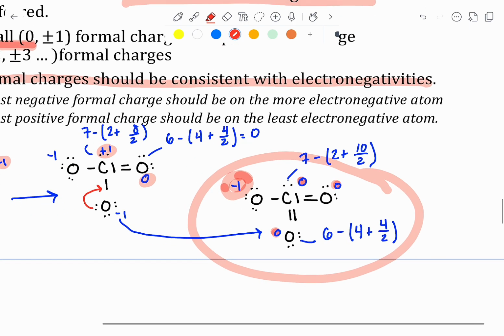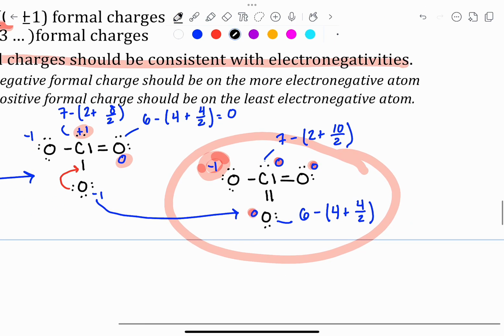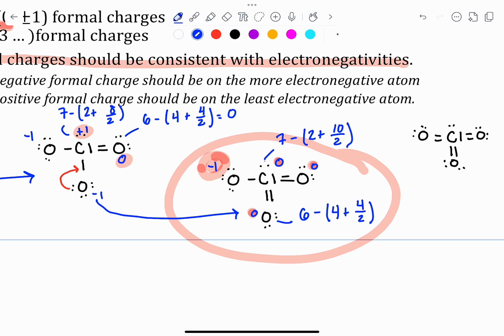You could go one step further to prove this to yourself and draw your structure of Cl double bond O, double bond O, double bond O. If you went that one step further by moving the lone pair again, that would put a formal charge of 0 on all of these oxygens because now they all look the same.